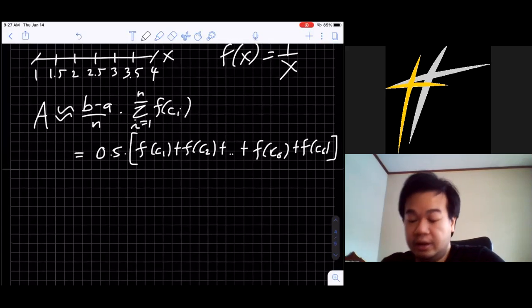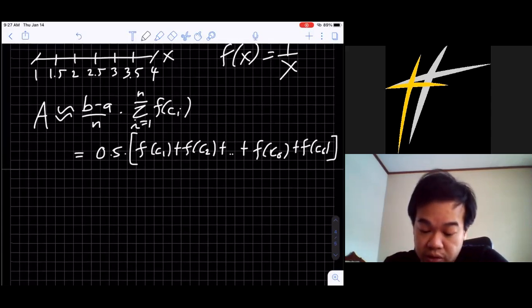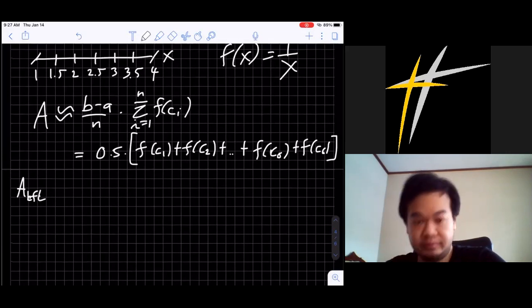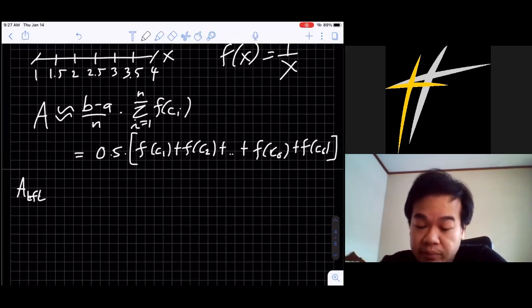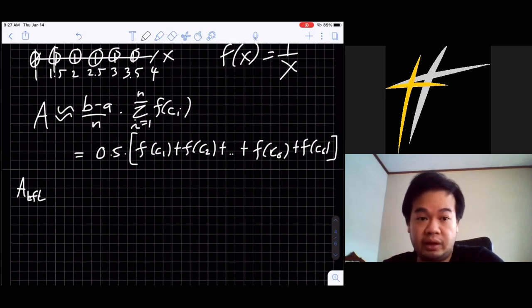Okay. Now, if we want to use the left Riemann sum, then we take the sample points from here, here, here, here, here, here. We take it from the left.